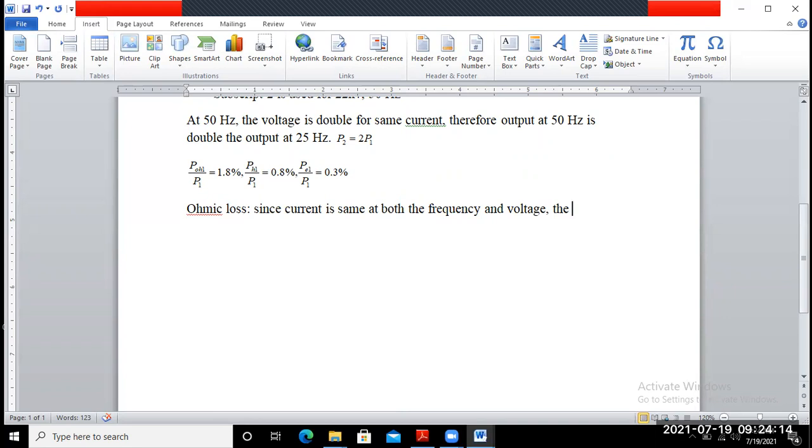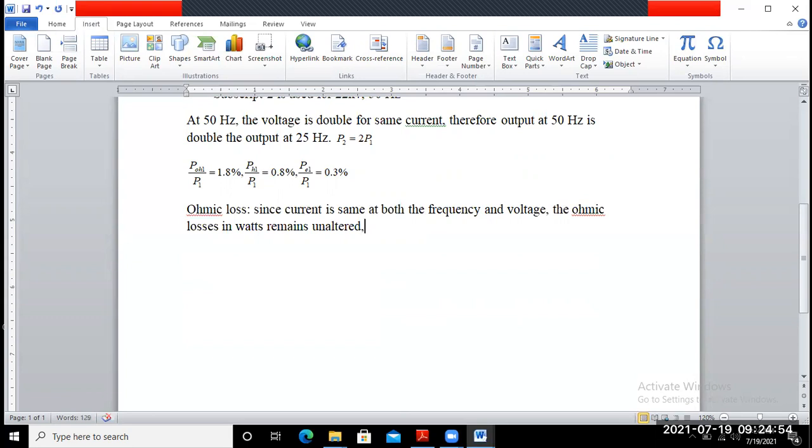So the ohmic losses in watts remain unaltered. That is POH2 equal to POH1.